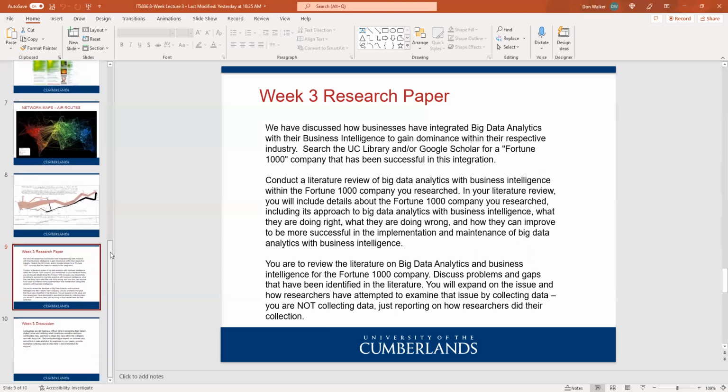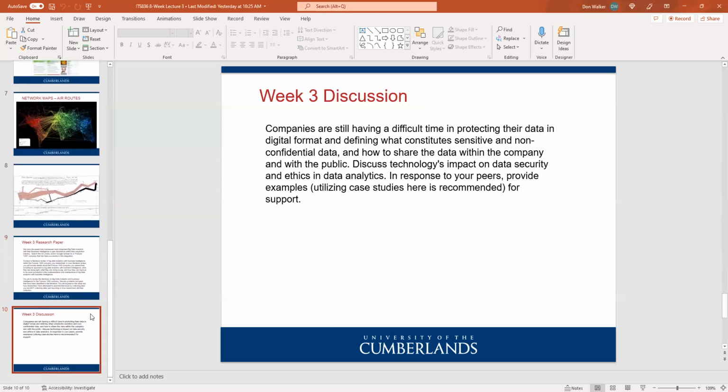Okay, and then the other assignment is our discussion board. Again, protecting data. Companies, of course, are still having a difficult time protecting their data from internal and external threats, and they're having trouble deciding what is sensitive, what they should be really careful about protecting, how to set up permissions and information sharing within the company, and how much they can make public.